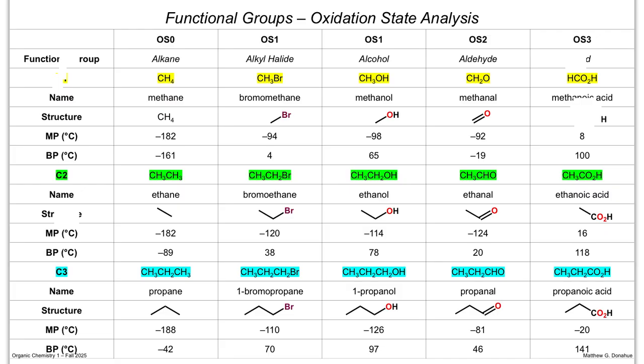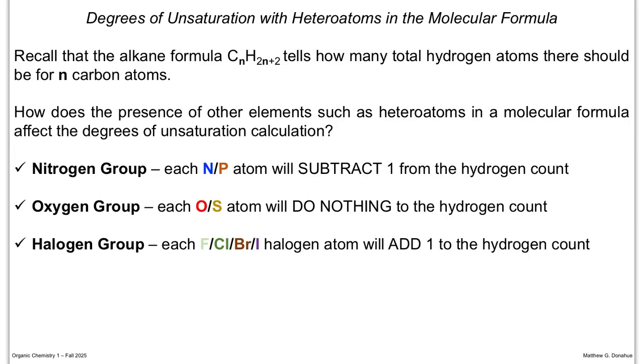So we have two more things to get through. So we know visually that we can look at a structure, we can count the pi bonds and the rings. That will give us the total degrees of unsaturation.